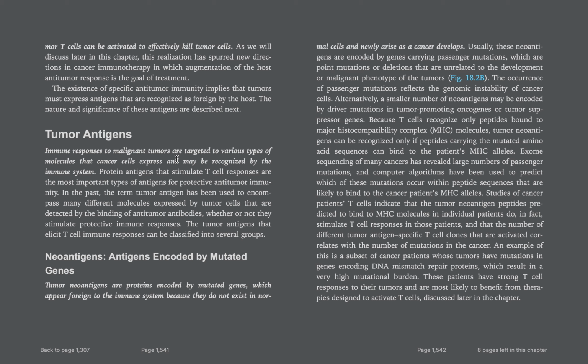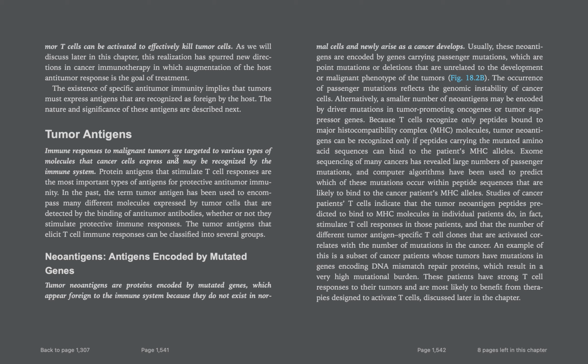The tumor antigens that elicit T cell immune responses can be classified into several groups. Neoantigens: antigens encoded by mutated genes. Tumor neoantigens are proteins encoded by mutated genes, which appear foreign to the immune system because they do not exist in normal cells and arise anew as cancer develops.